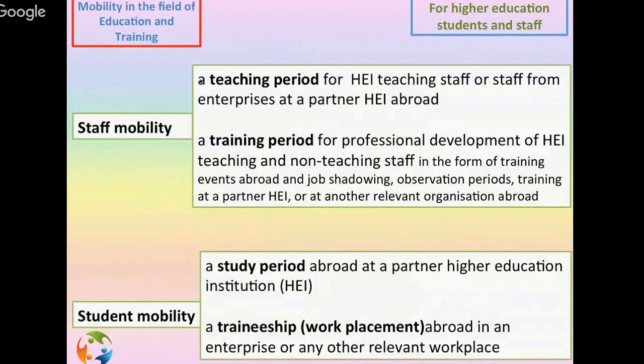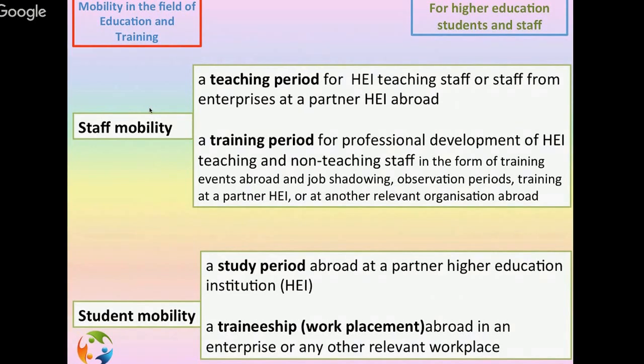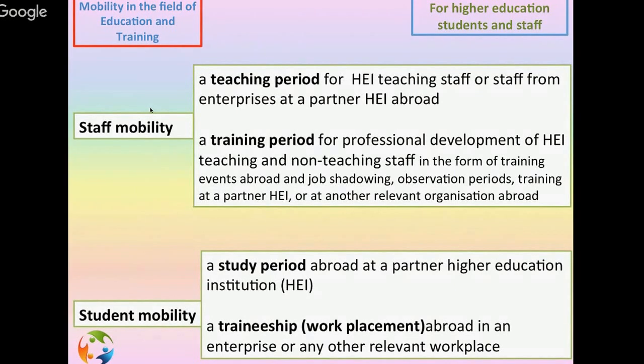So going back to our slides, we see that we explain what is meant by staff mobility. There could be a teaching period for higher education institution teaching staff, or a training period for professional development of higher education institution staff.